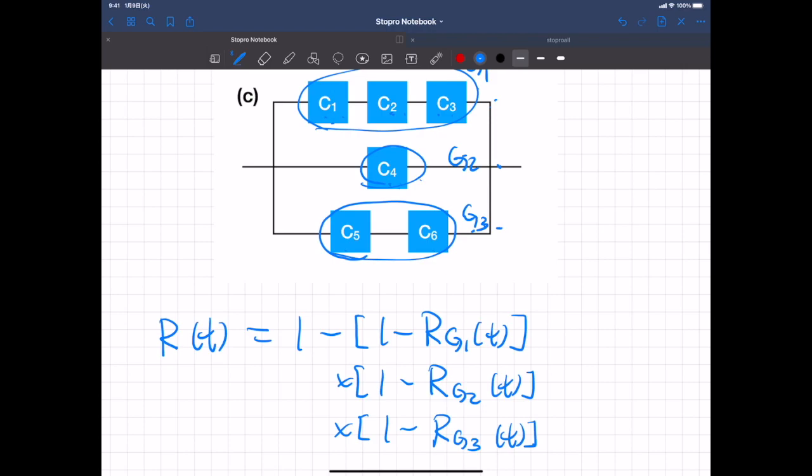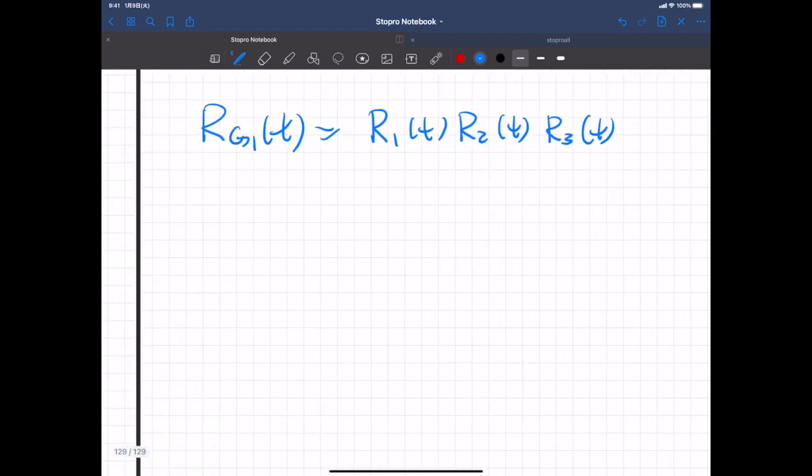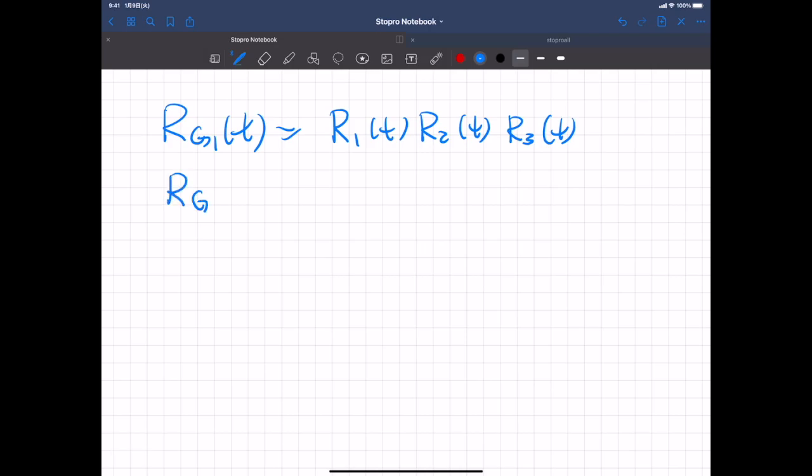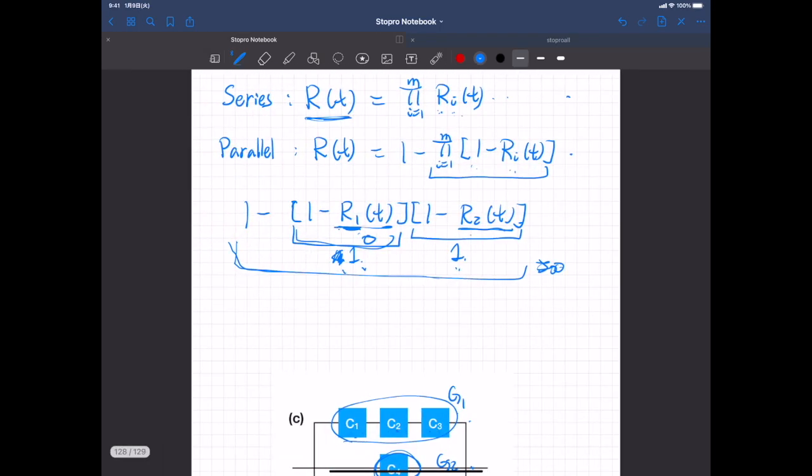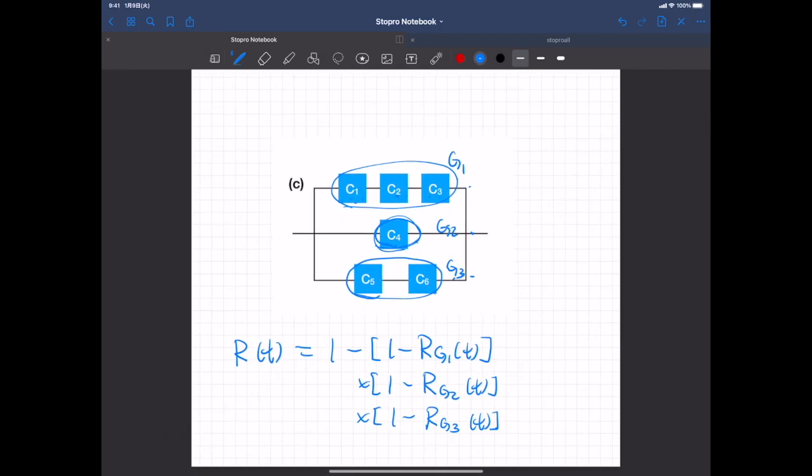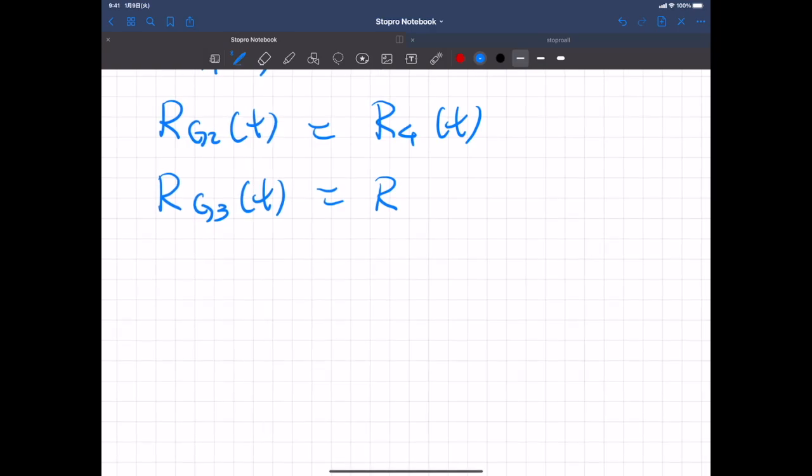And for group 2, there's only component 4, so the reliability function of group 2 is just the reliability of component 4. And the reliability of group 3 is the product of the reliability of 5 and 6.